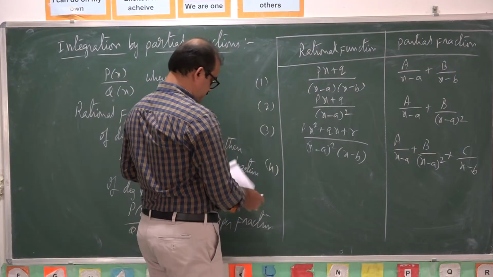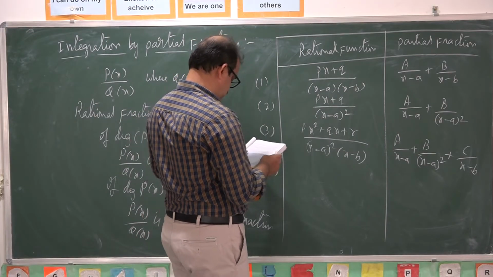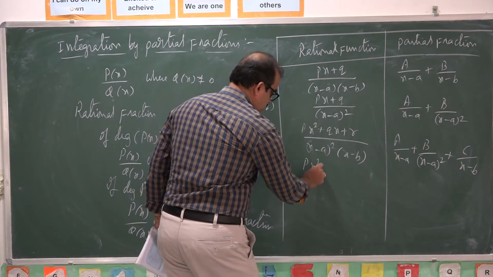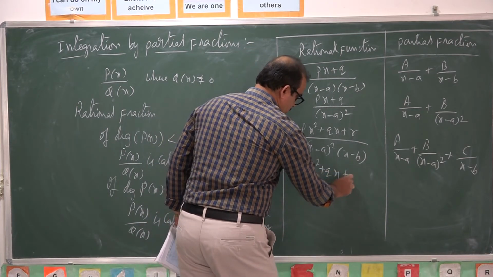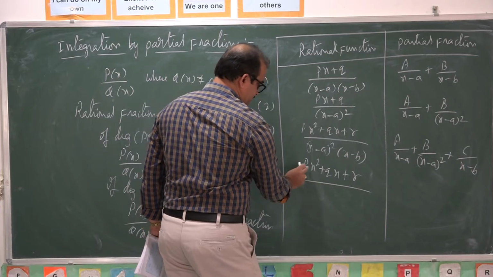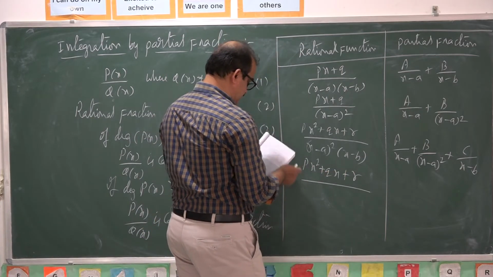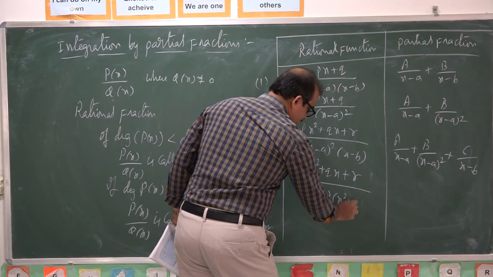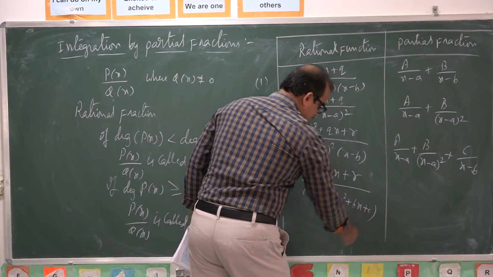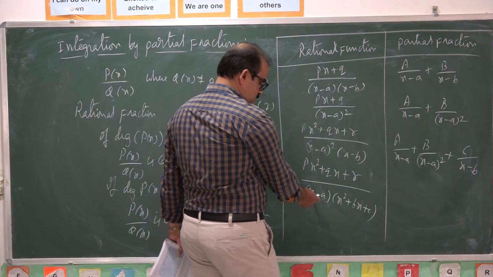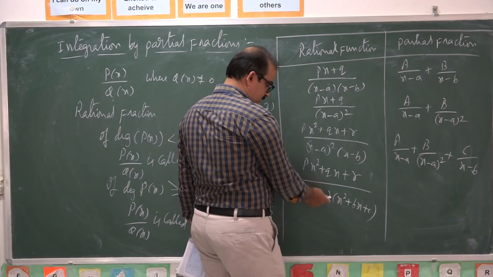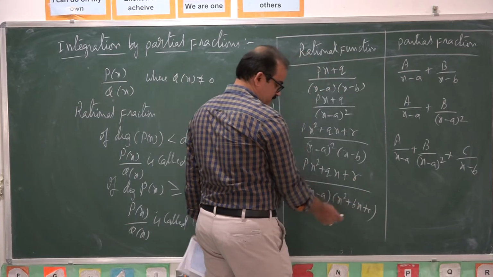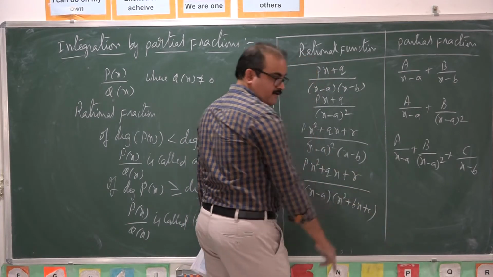Next, if it is in the form of px square plus qx plus r by x minus a into x square plus bx plus c. Now you observe in the denominator there is a linear factor and a quadratic factor, an irreducible quadratic factor.